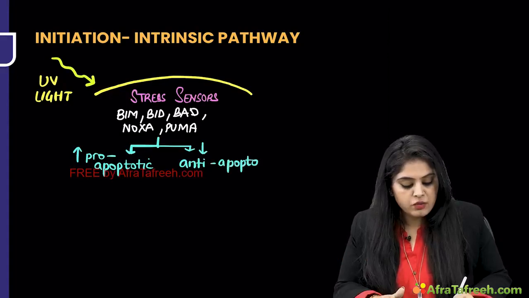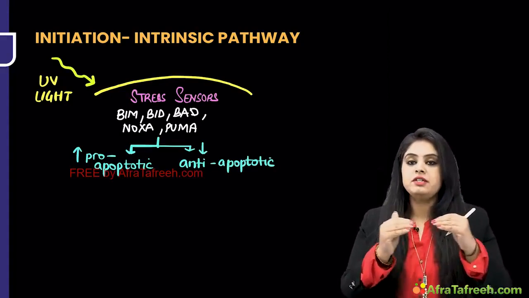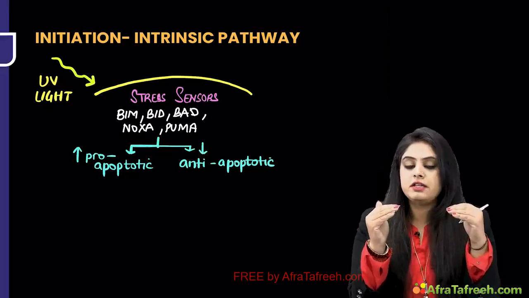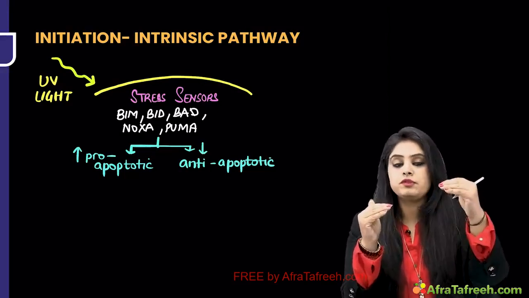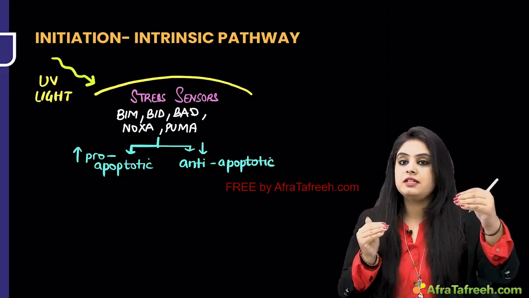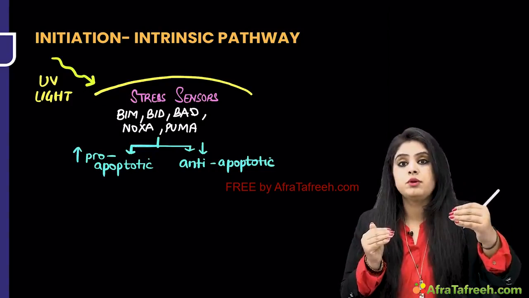That is what they are going to say. See, normally what happens? Pro and anti, everything is equal in your body. Pro-apoptotic factors and anti-apoptotic factors are equal. So they say, I want apoptosis to occur. Increase the pro-apoptotic factors and decrease the anti-apoptotic factors. That is exactly what is going to happen. So you're moving closer to apoptosis.